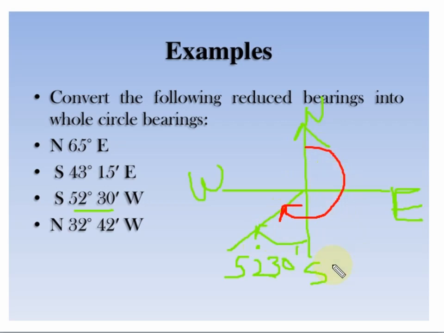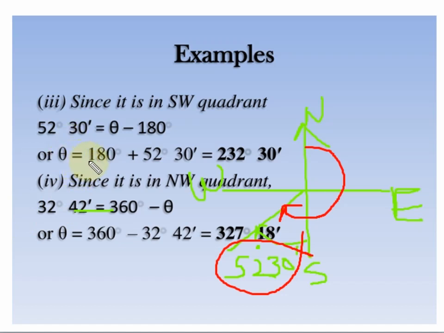Whole circle bearing is equal to 180 plus 52 degree 30 minutes. So here we can directly show 180 plus 52 degree 30 minutes, that is 232 degree 30 minutes, that is your whole circle bearing.